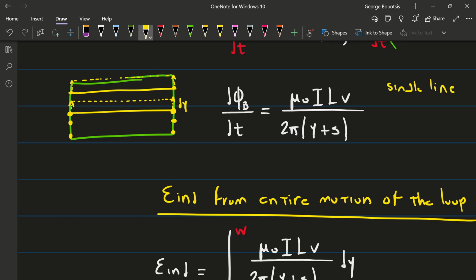So I want to consider what the entire effect is. If I have the effect of one that sits at a distance y from the origin, how can I get the effect of one that sits at a different y? I have to carry out an integral over the dy range to talk about all of them accumulated together.